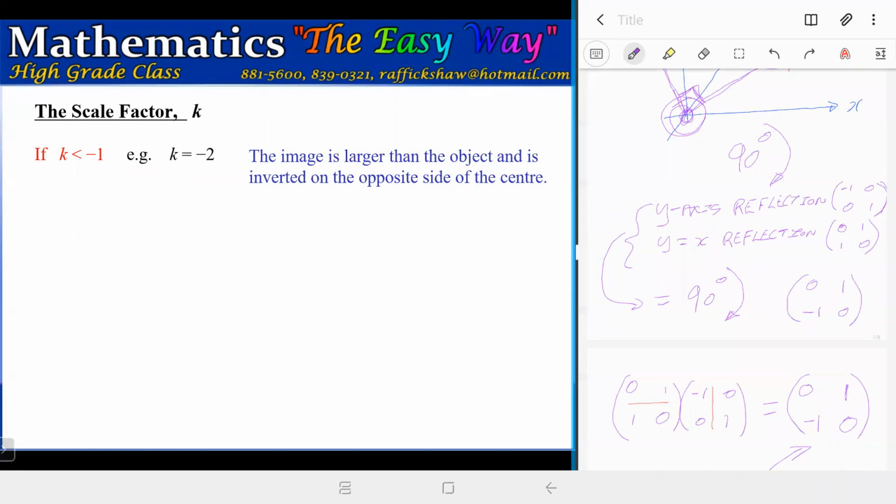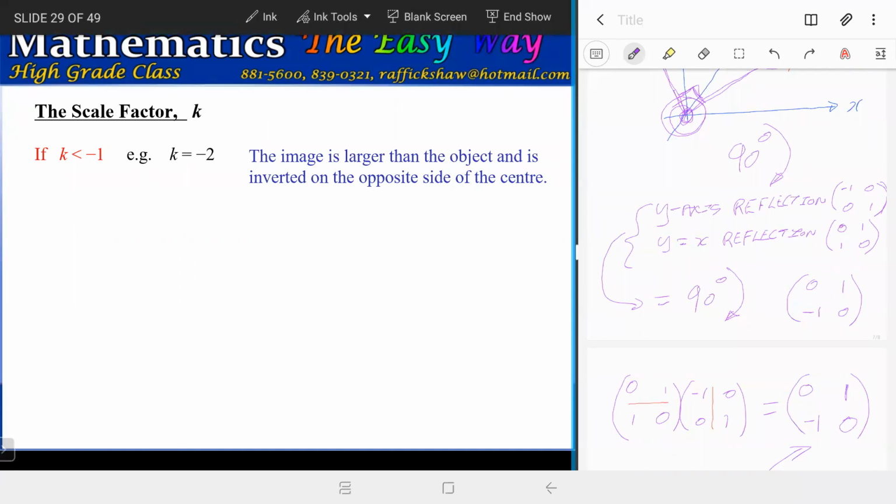And write this now: pointing in the opposite direction. It's pointing in the opposite direction because of the negative. The negative caused the image to be pointing in the opposite direction.